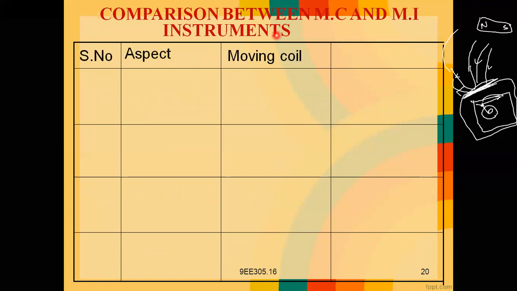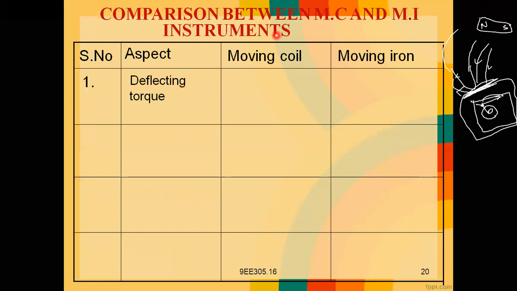We have formulated a table which will discuss an aspect, and in that aspect how your moving coil exhibits and how your moving iron exhibits.